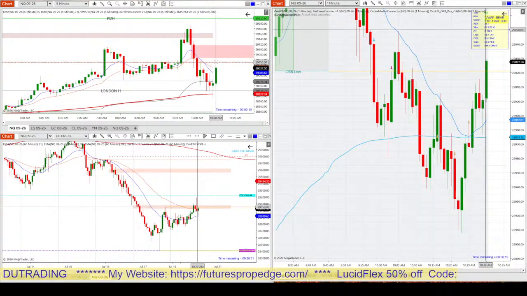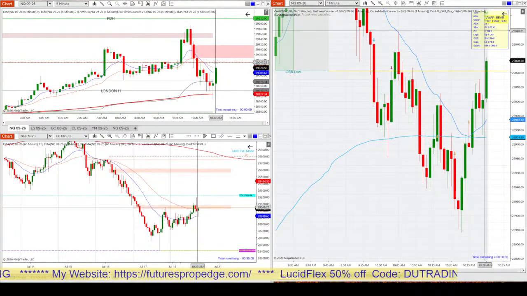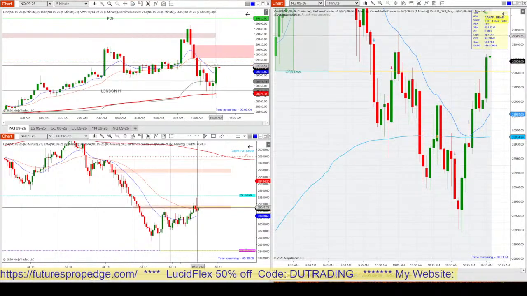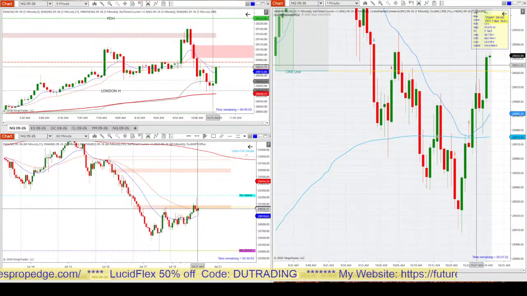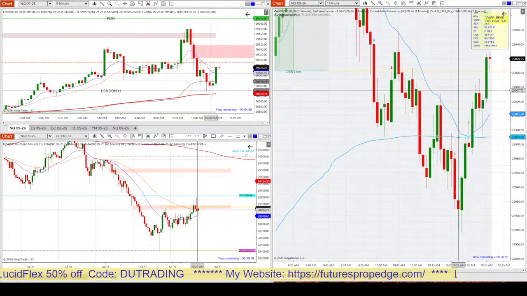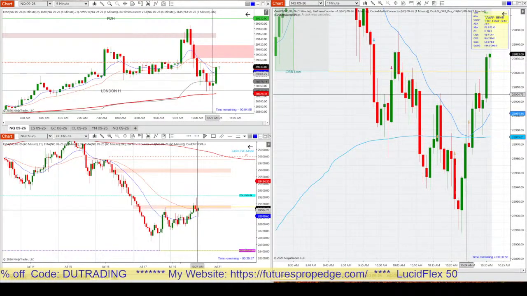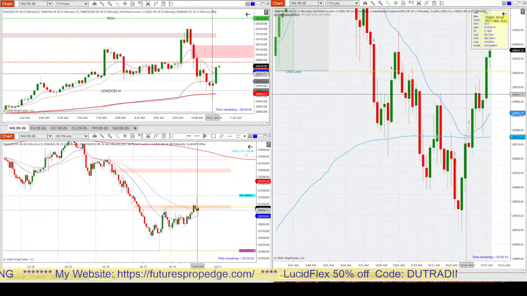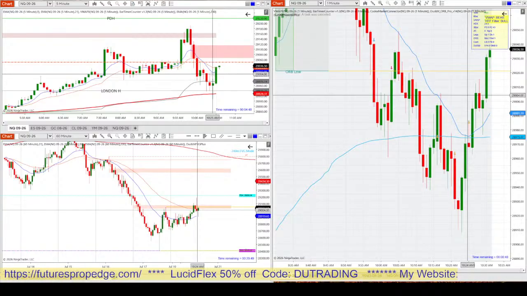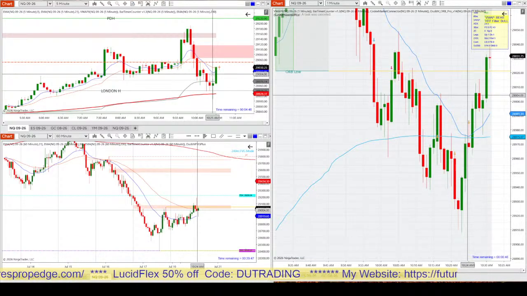And potential target is all the way up here at the 29.50. But since this is only 5 minutes, we can clearly shift to this area of 29,000 and ish. If that happens, it could be an opportunity.